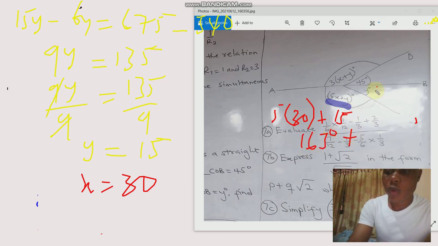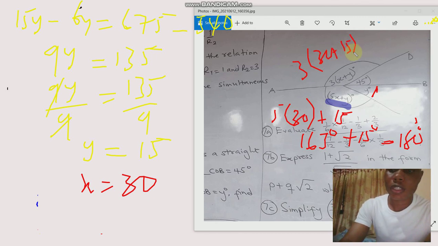Plus this y over here, which is also 15, so plus 15 degrees, and that's 180 degrees. When you come to the top, you have 3 multiplying x, which is 30, plus 15, which is y. So 30 plus 15 is 45, multiplied by 3, that's 135 degrees. And this place is 45. So 135 degrees plus 45 degrees will be 180 degrees. So that's it.